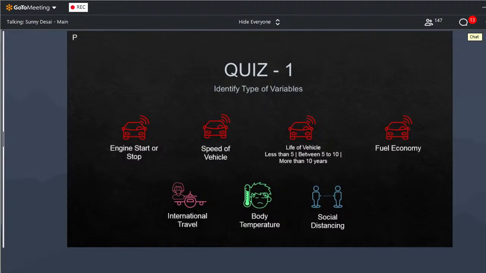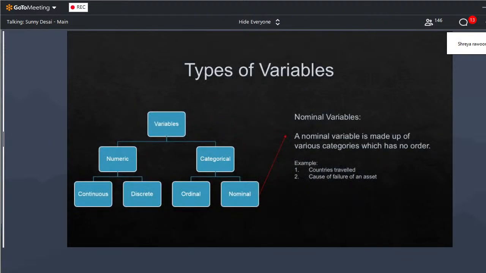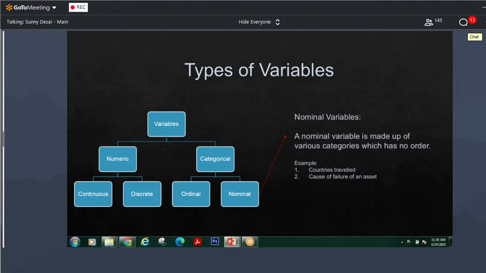Good answers from everyone. Now in numeric, is it continuous or is it discrete? You can get your fuel economy as 10.5 kilometers per liter, 11 kilometers per liter, 20.5, or 20.25 kilometers per liter. Where you have an infinite number of values, those are called continuous or discrete?